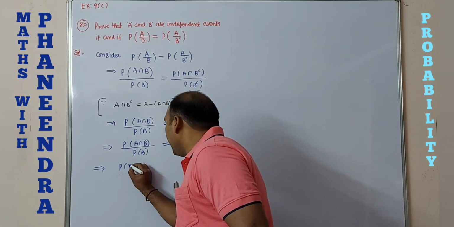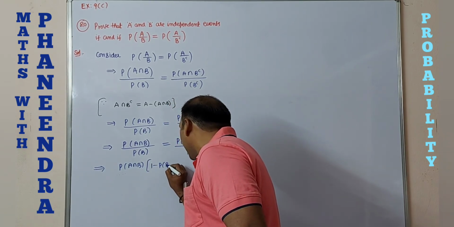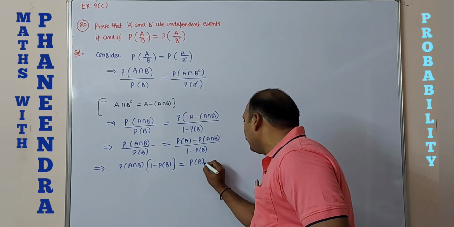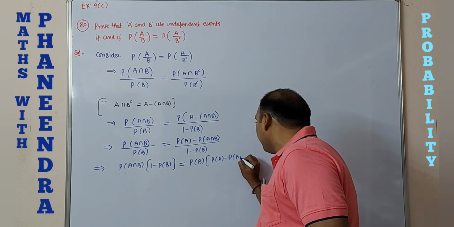So P of A intersection B into 1 minus P of B is equal to P of B into P of A minus P of A intersection B.